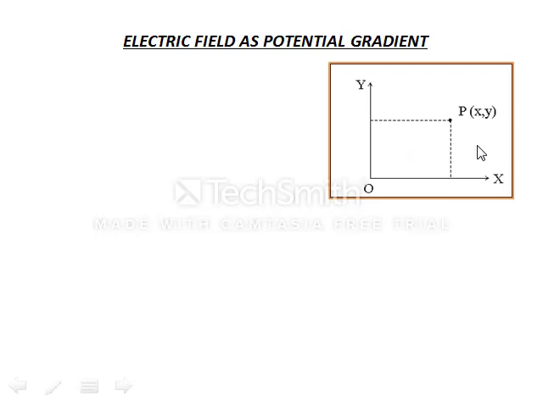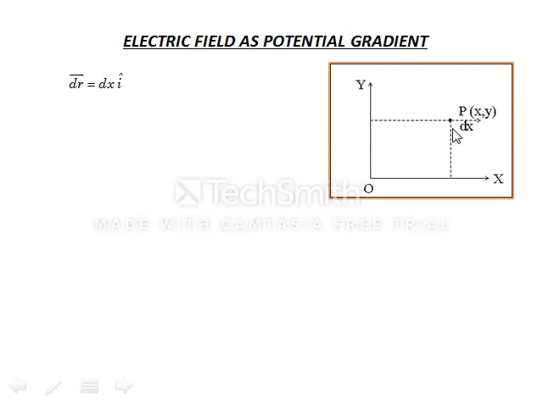Now if we move through a certain distance in this direction, say dx, the displacement will be dx along the x-axis, dx i cap. So here the small displacement dr is dx i cap.